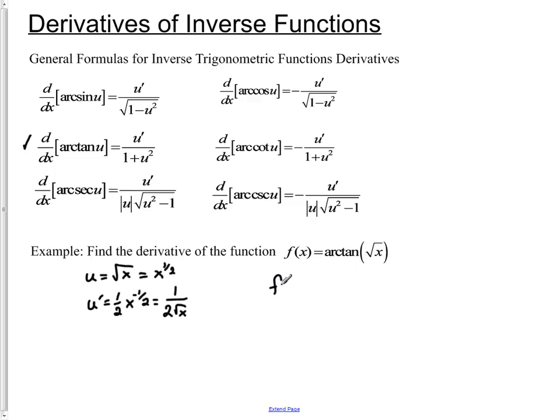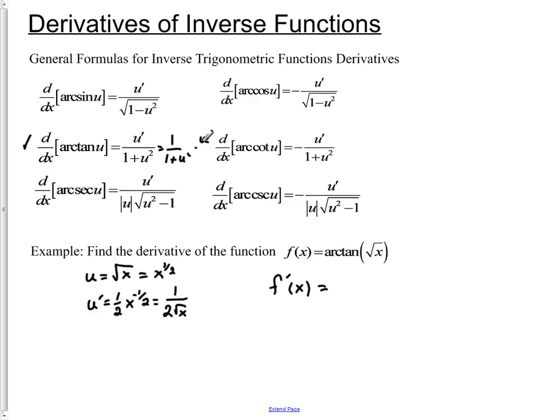F prime of x, using our formula for the arctangent of u, is going to be equal to u prime times 1 over 1 plus u squared. I actually like rewriting it in this form, 1 over 1 plus u squared times u prime.